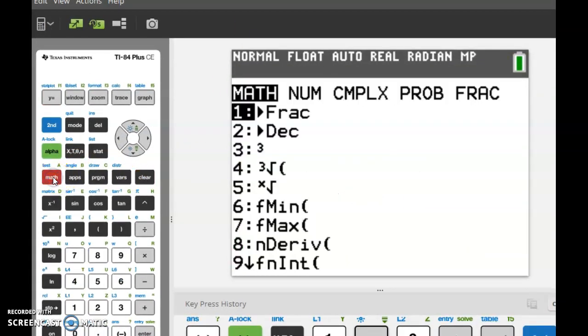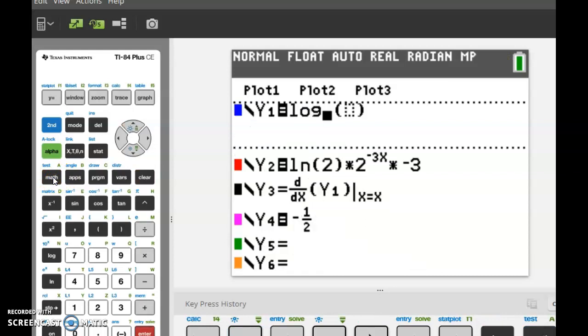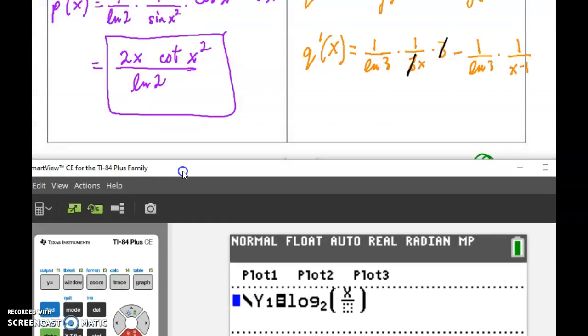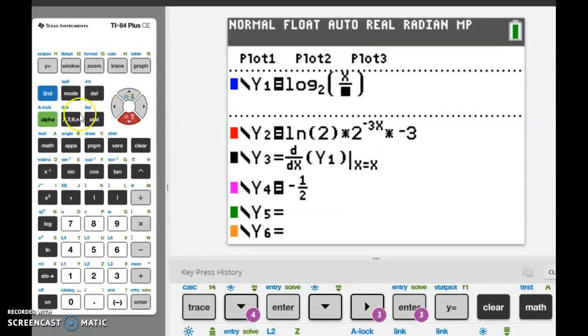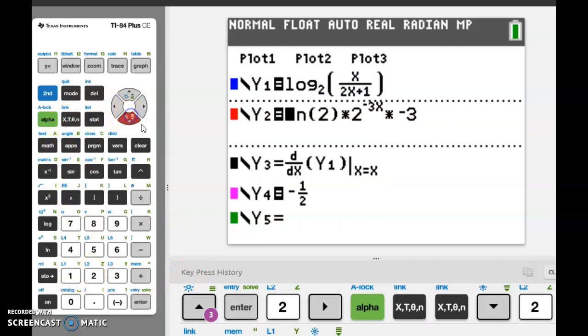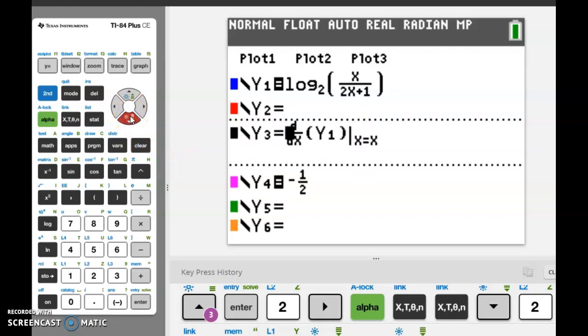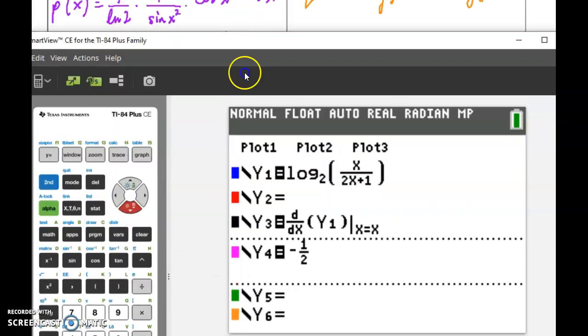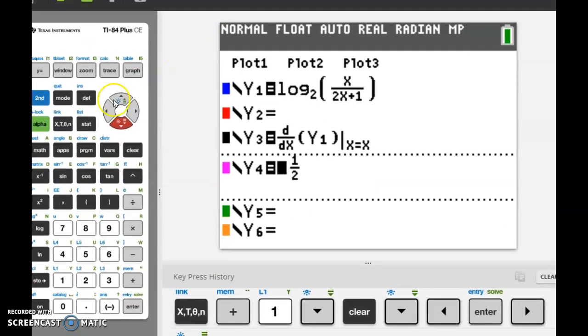If you go math and you scroll down, the A option is log base 2 of x over 2x plus 1. And let's say you mess this up for some reason, you can see if this is the correct answer by typing it in, and then we want to see where it equals 5/2.